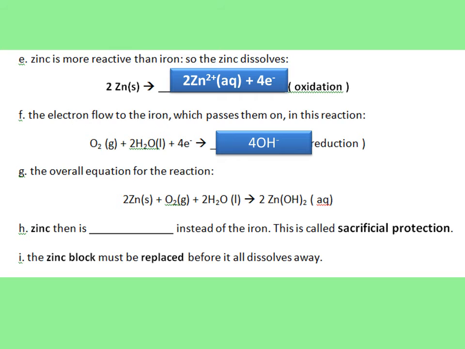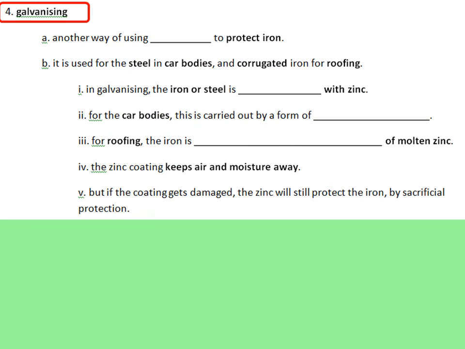Nothing happened to the iron. So H, zinc then is oxidized instead of iron. So this is called sacrificial protection. But somehow the zinc block that you weld on the ship will be dissolved, and it will be smaller and smaller. It needs to be replaced.